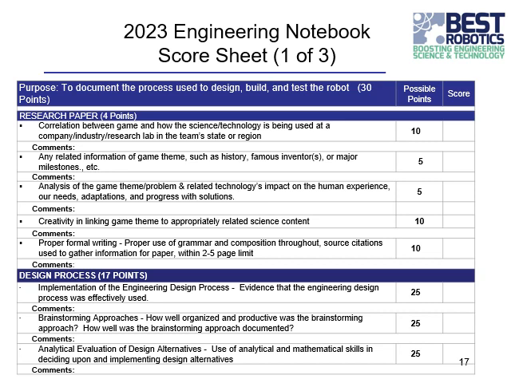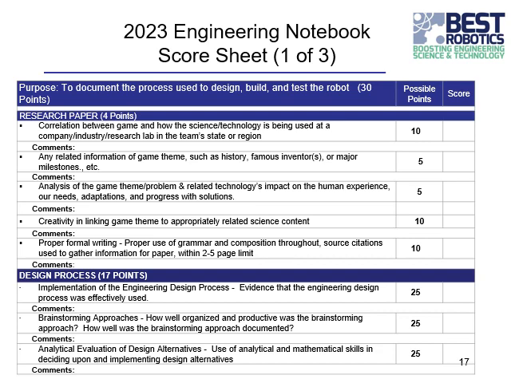So if you don't use information such as history, inventor, or milestones, if they can't find that in your document, you will lose 5 points. If you don't make it 2 to 5 pages, you'll lose some portion of the 10 points that is possible for that area on this score sheet. So here's the 4 points for the research paper.